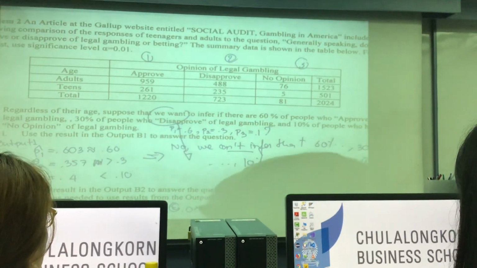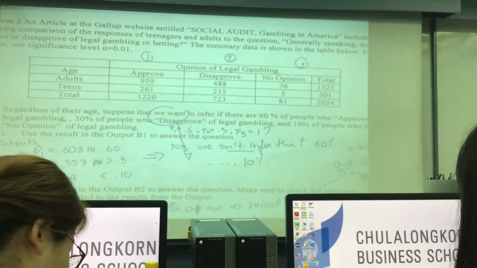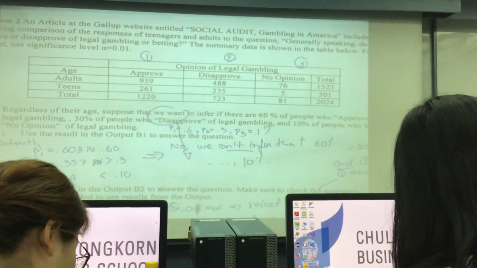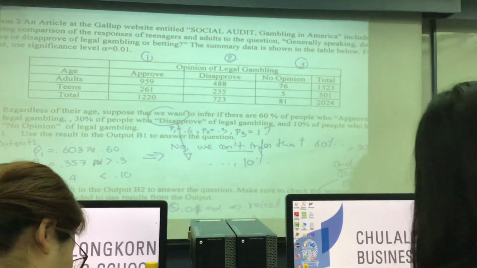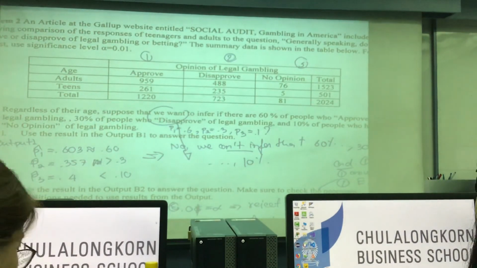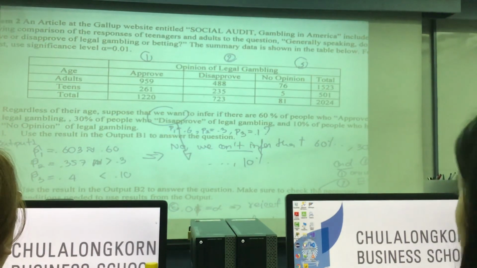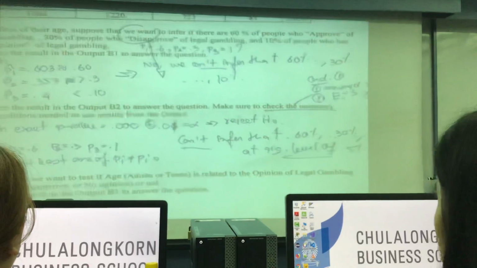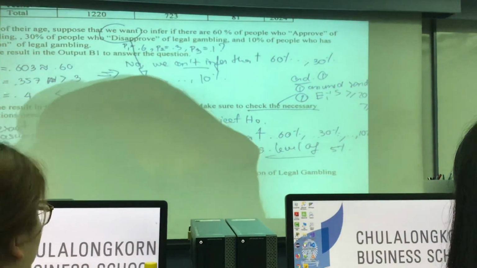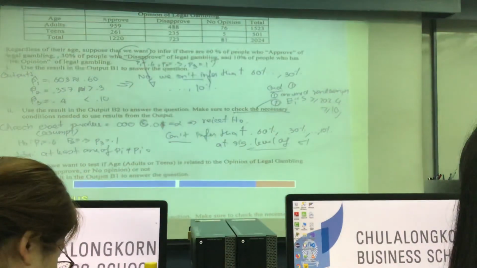So assume random samples. And two is expected counts at least 5.